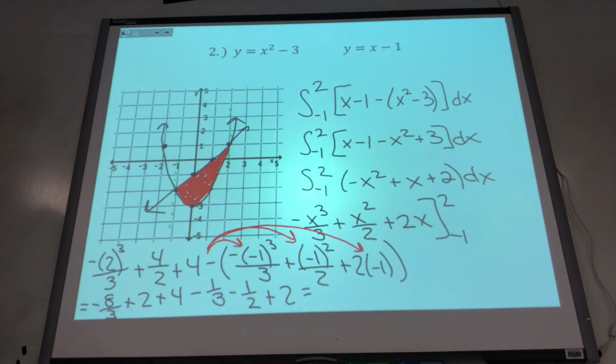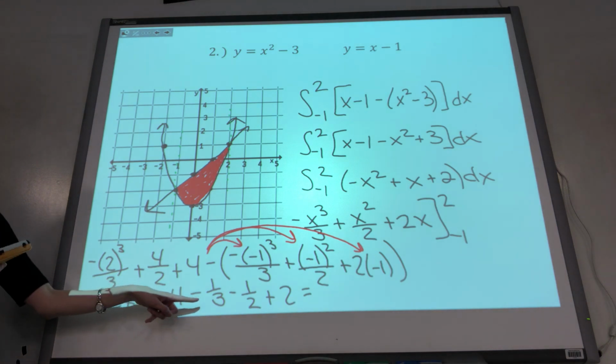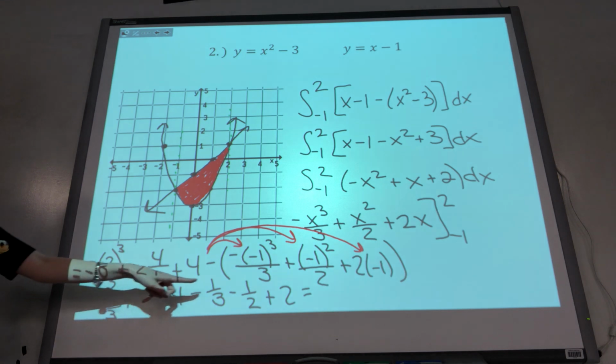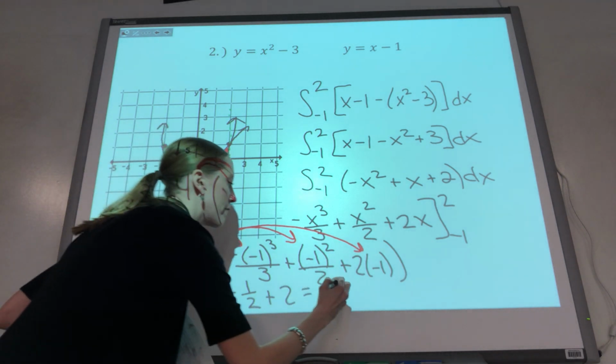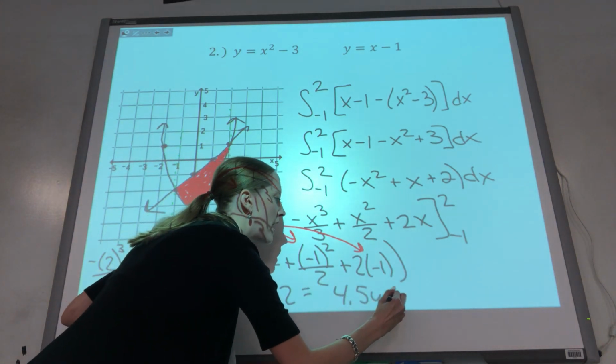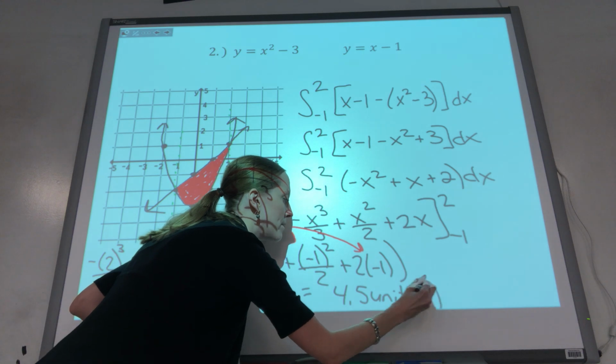So this is where we cross our fingers and we hope that we get the right answer. Negative 8 thirds, plus 2 plus 4, minus 1/3, minus 1/2 plus 2. That gives me 4.5. So 4.5 units squared.